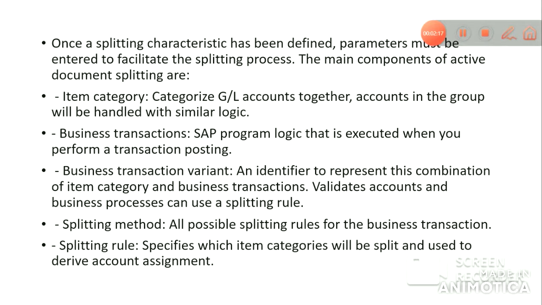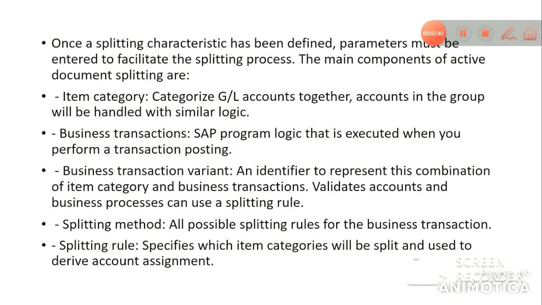Business transaction variant, an identifier to represent this combination of item category and business transactions. It validates accounts and business processes that can use a splitting rule. Splitting method, all possible splitting rules for the business transaction. Splitting rule specifies which item categories will be split and used to derive account assignment.